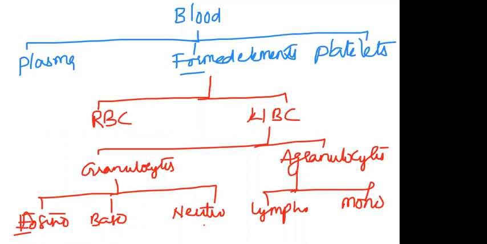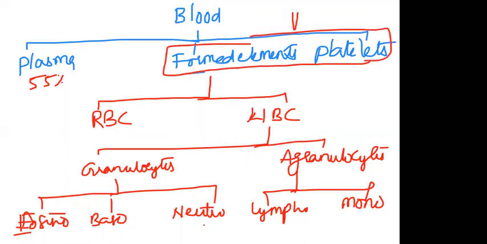Let's take the plasma composition in the blood first of all. Plasma constitutes about 55%. The formed elements, which include the platelets, are about 45%. So their percentage is like this. Plasma is about 55%, and the remaining cells, including platelets, everything is 45%.